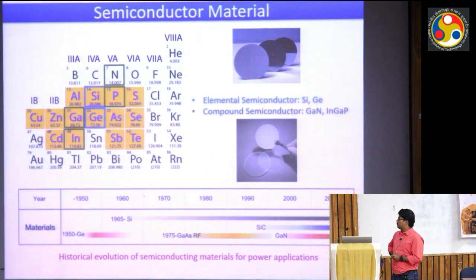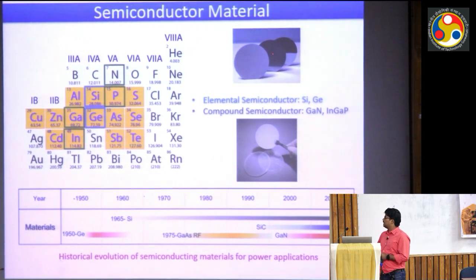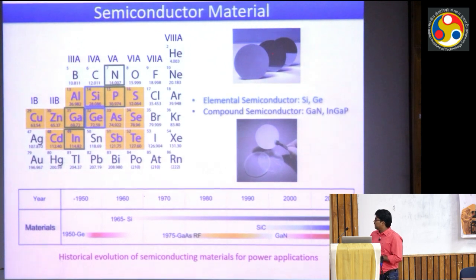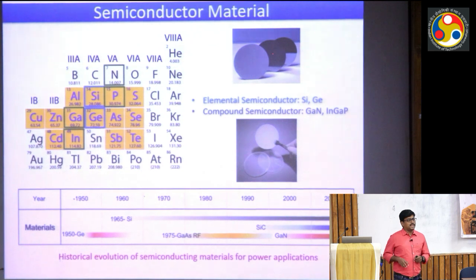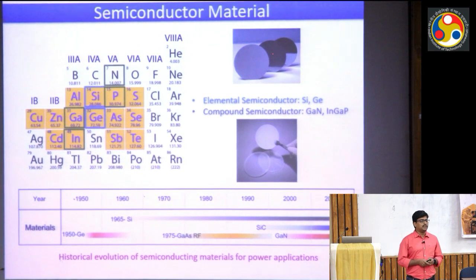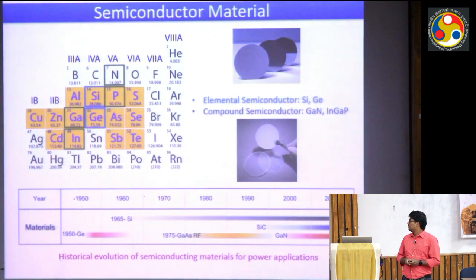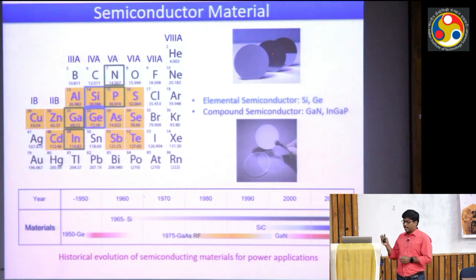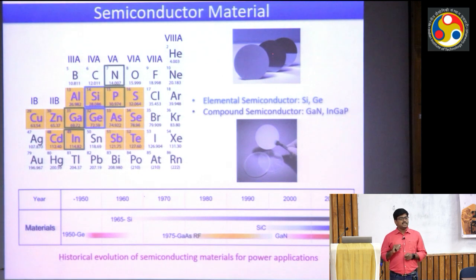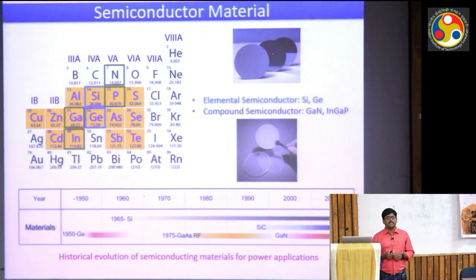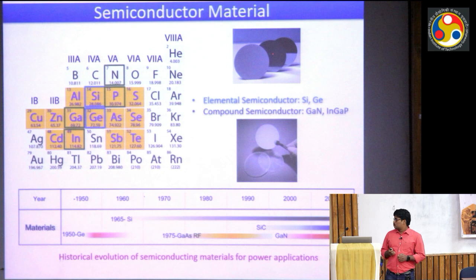After that, people moved to gallium arsenide, then silicon carbide around 1990, then around 2000 gallium nitride. The gallium nitride Nobel Prize was also given to three scientists in 2014. After gallium nitride, considering power application, materials like aluminum nitride and gallium oxide are coming.